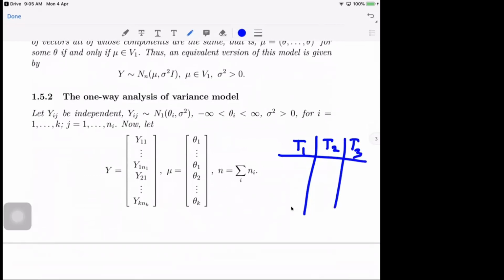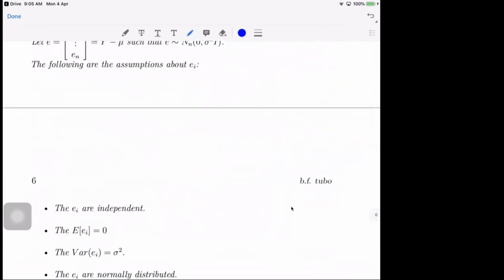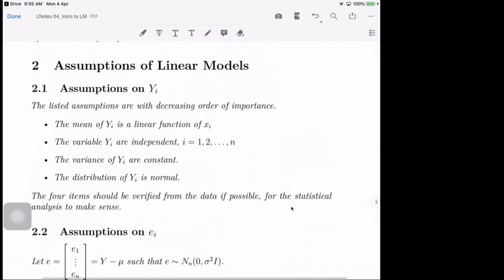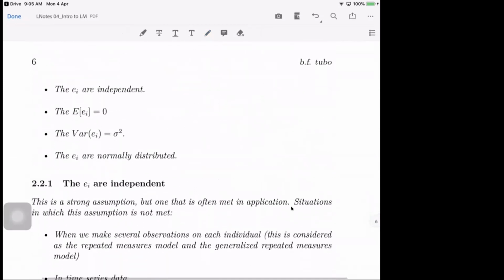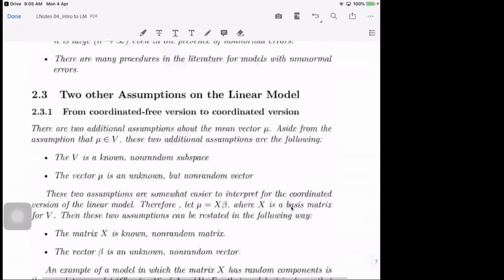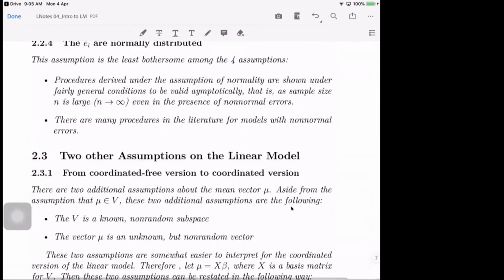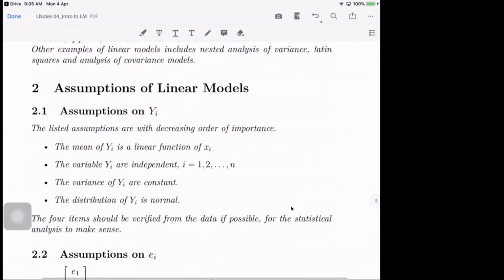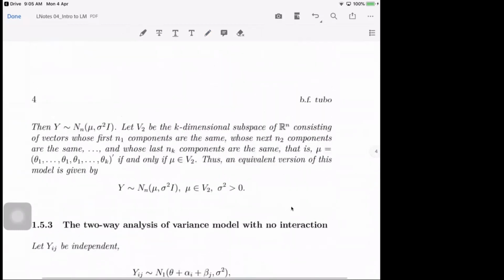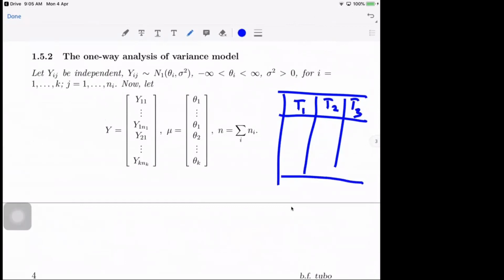So usually the data layout for one-way analysis of variance is something like this, wherein you have observations here for balanced data, meaning all of them have equal n_i's.